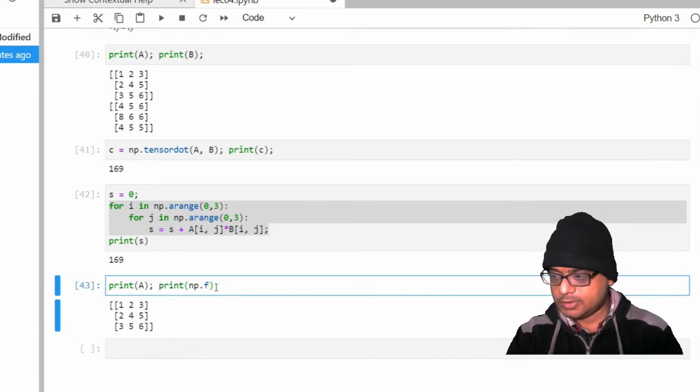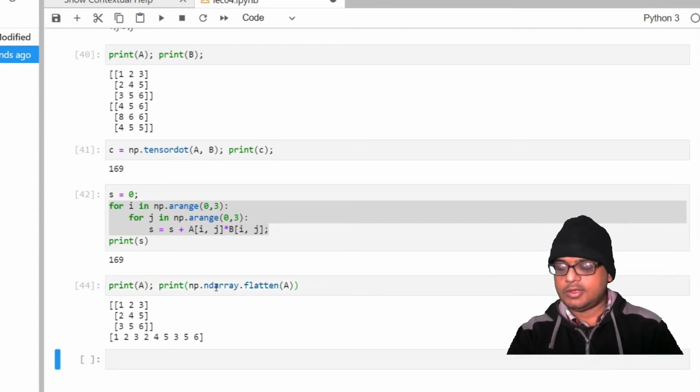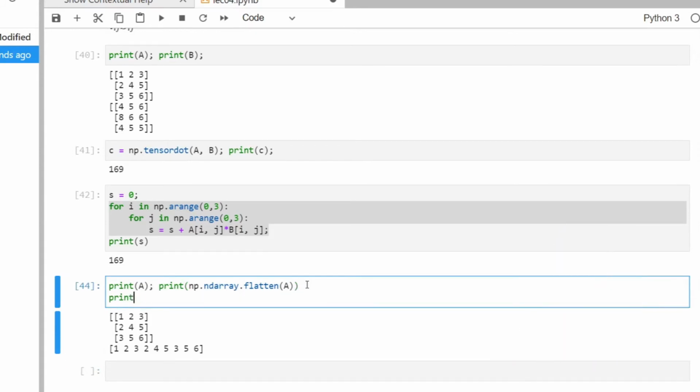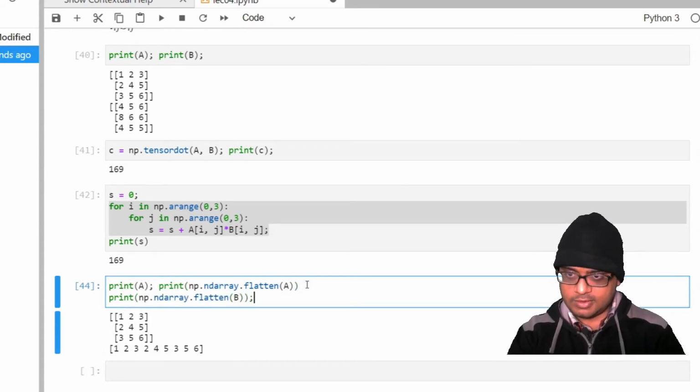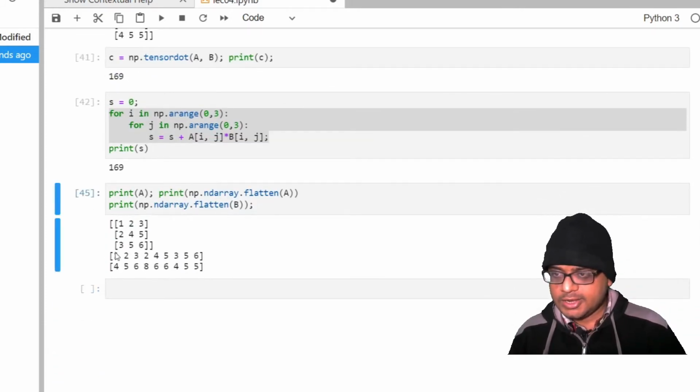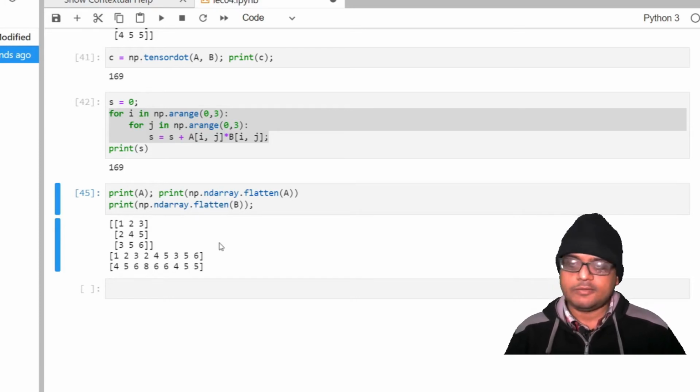np dot ndarray dot flatten. So I have essentially flattened all the elements of A. Now you can imagine if we have these two arrays, we need to take an element wise product of these two, and whatever we obtain using that, we have to sum over all the elements.